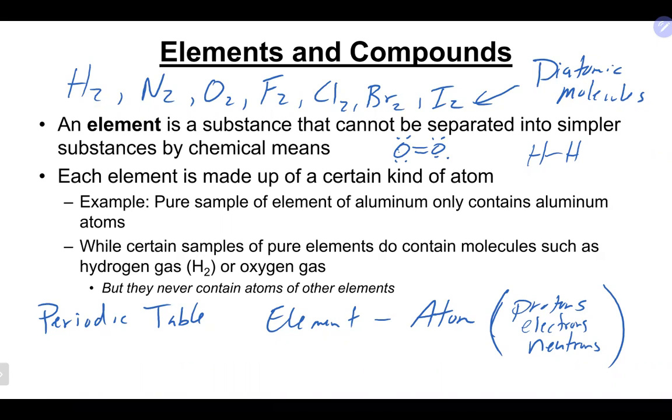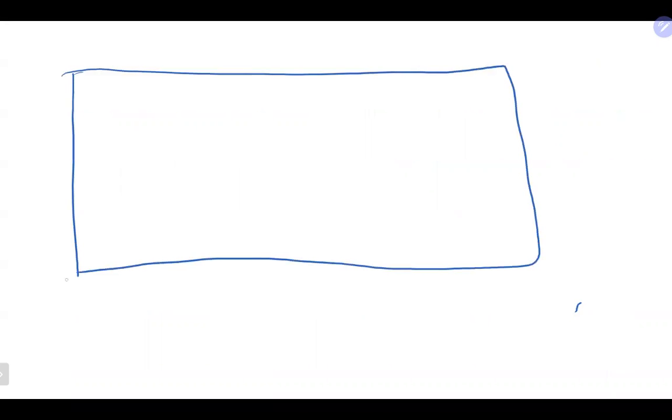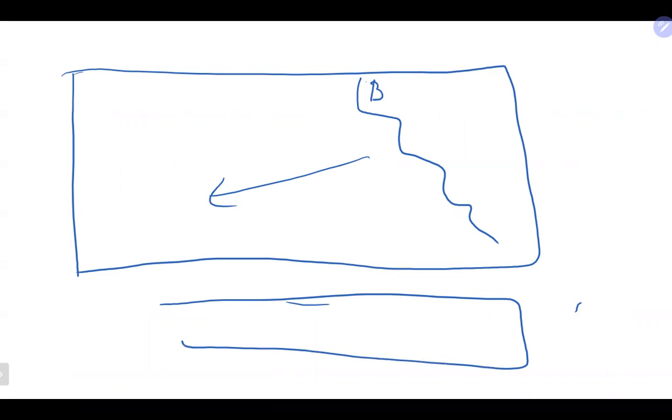So let's talk a little bit about a couple of things. When we look at the periodic table, we'll officially talk about it in a later chapter. But basically, if you look at the periodic table, somewhere around boron, you usually will see a staircase that comes down. And really to the left and on the bottom couple rows as well, these are what are referred to as metals.